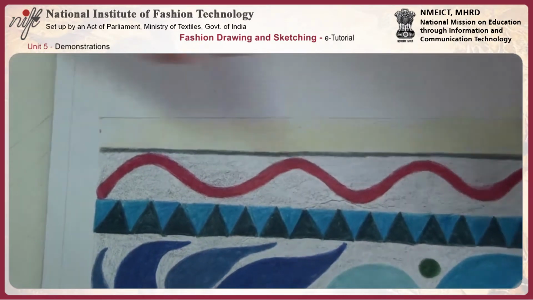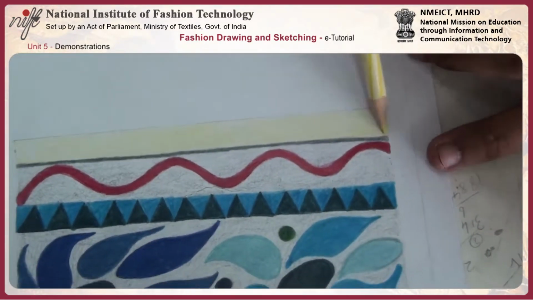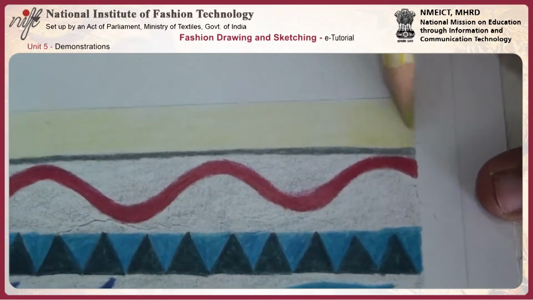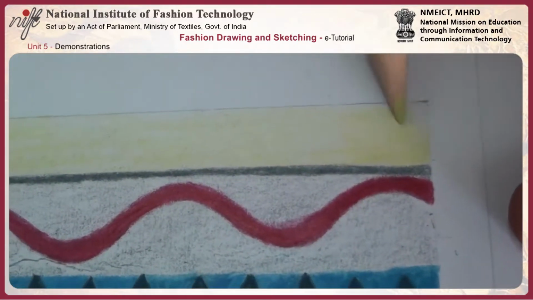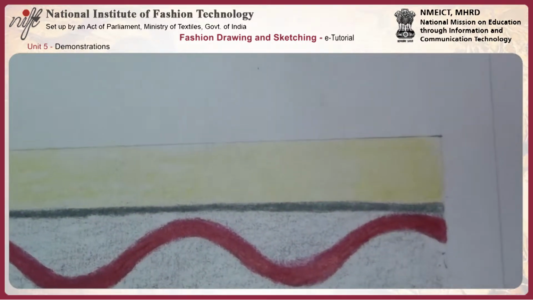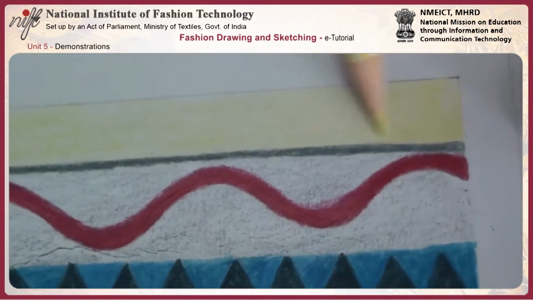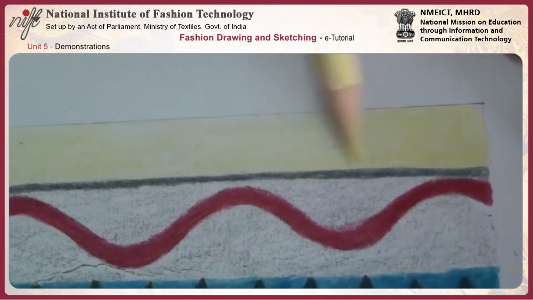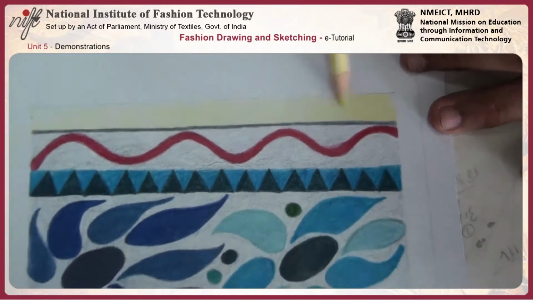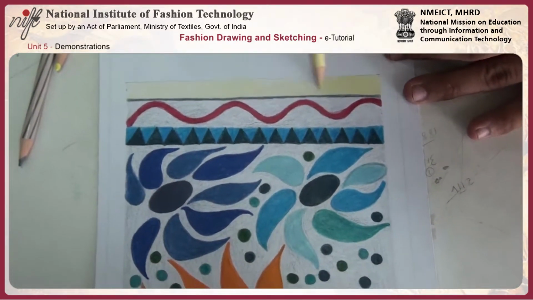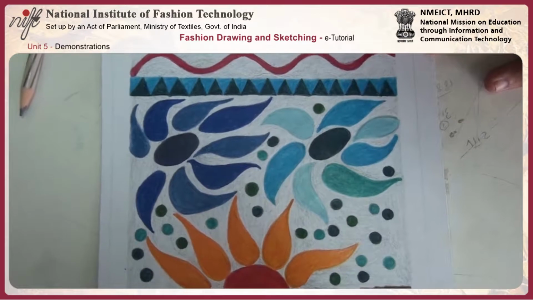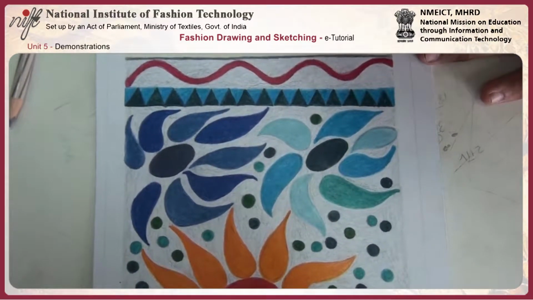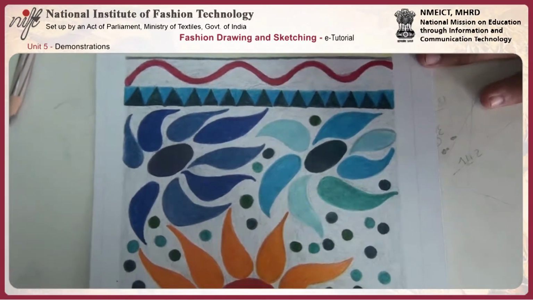Now the illustrator is using yellow color in the border areas. Watch thoroughly the circular motion and to and fro motion of the color pencil. This kind of rendering creates evenness in the colors that are applied.